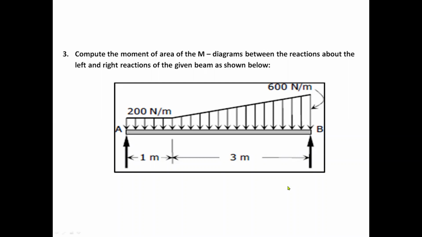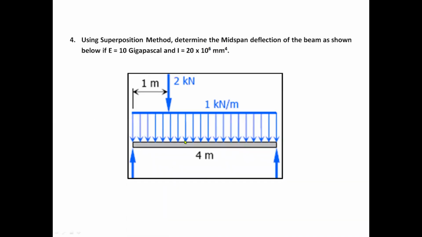Okay, next. Using superposition method, determine the midspan deflection of the beam as shown below if E is equal to 10 gigapascal and I is 20 times 10 to the 6 millimeter to the 4.